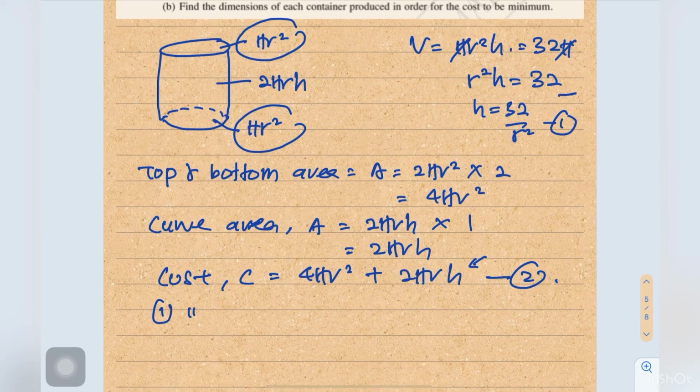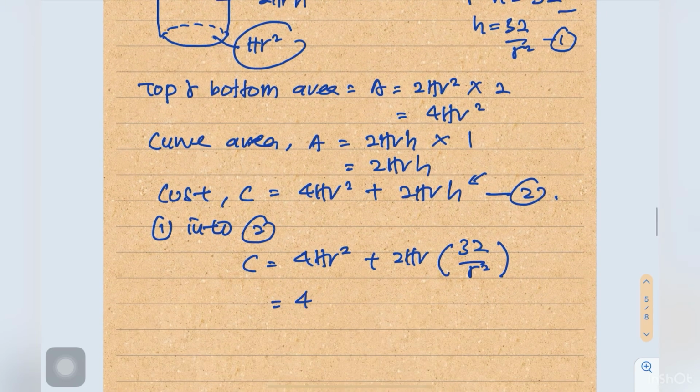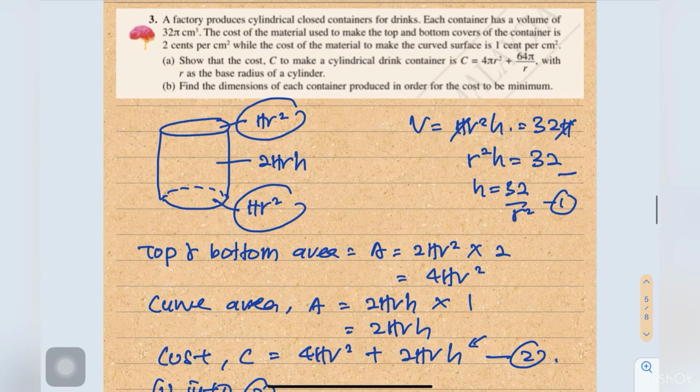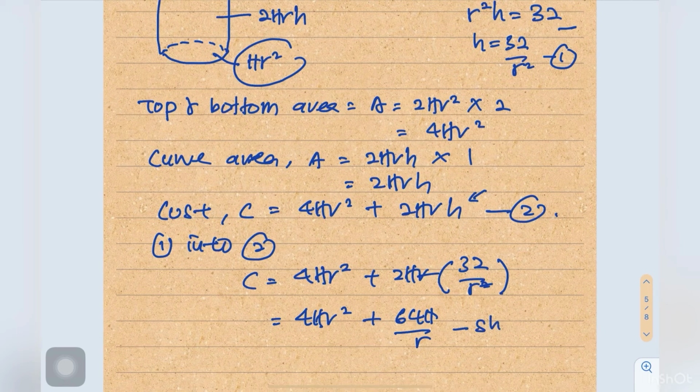So 1 into 2, we get C equals 4 pi r squared plus 2 pi r times 32 over r squared. Okay, so here we have 4 pi r squared plus 64 pi over r. Okay, so shown.